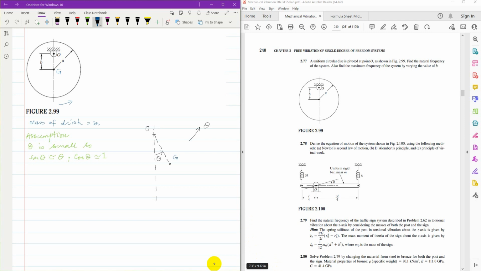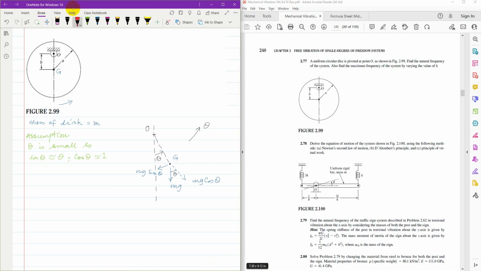Assume the mass of the disk is m. The total weight of the disk acts vertically downward, mg, and if that angle is theta, then that mg can be resolved into two components: one perpendicular to the radius of rotation, that is mg sine theta, and the other component, mg cosine theta, along the radius. Now this mg sine theta is responsible for the moment.